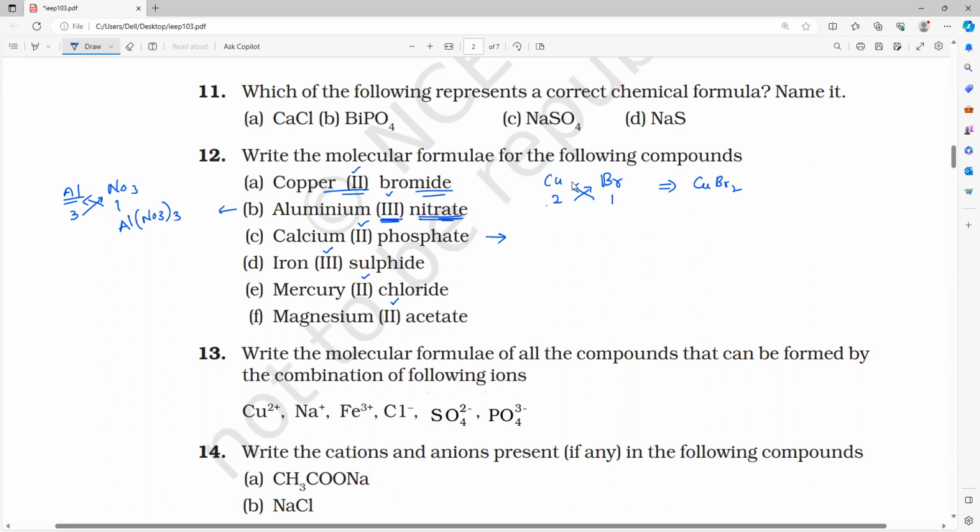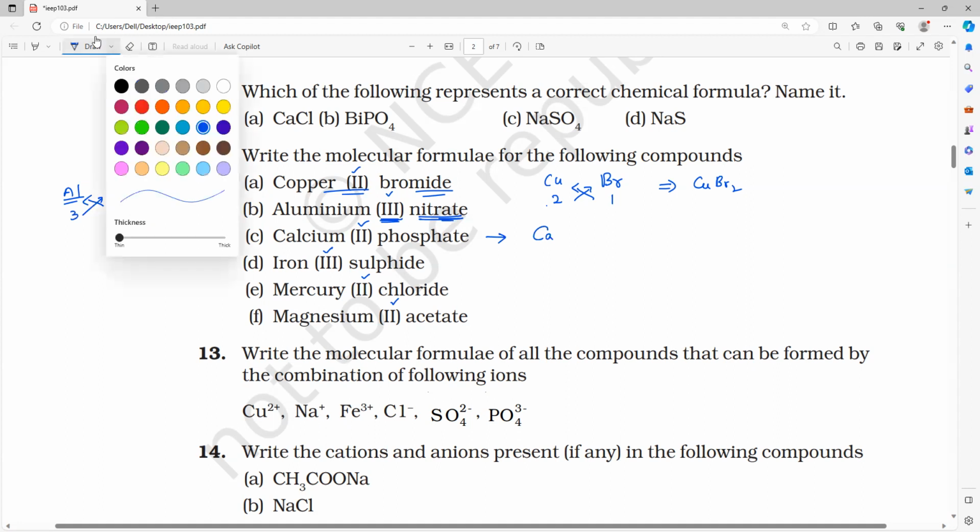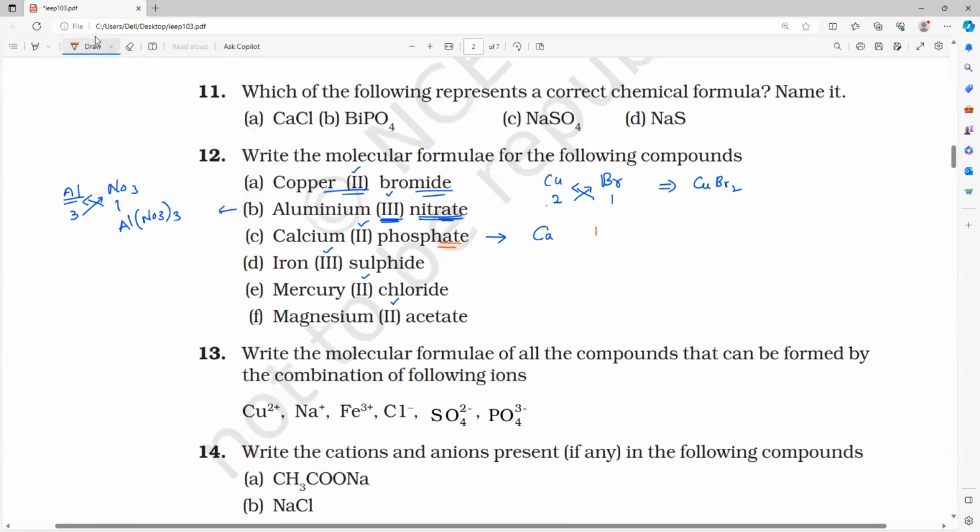Next, calcium 2 phosphate. Calcium symbol, everybody? Ca. And the phosphate formula? PO4. Calcium valency is 2. What is the phosphate valency?